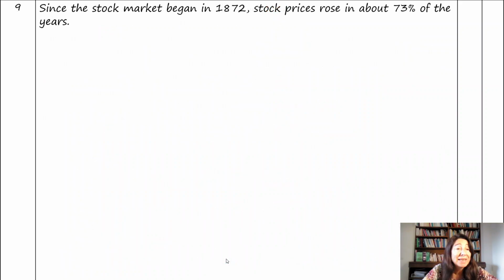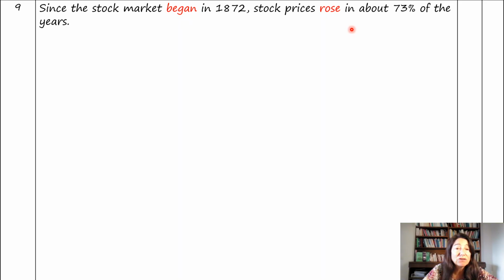Waiting for you. Number 9: "Since the stock market began in 1872, stock prices rose in about 73% of the years." So in this sentence, two verb phrases, and the symbols, the operators are only VED and VED, so the past tense twice.